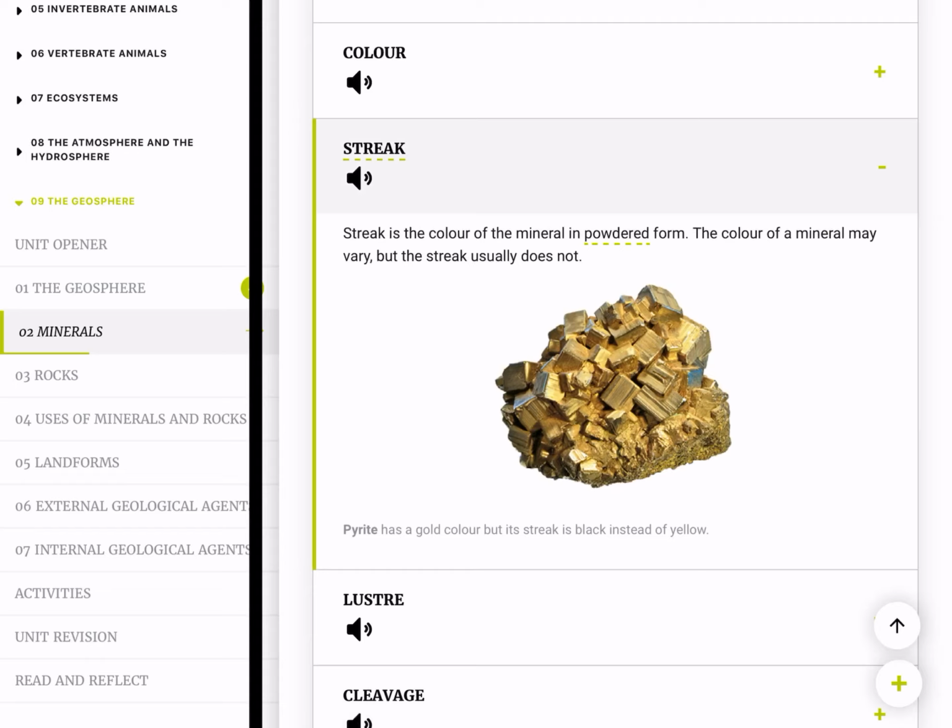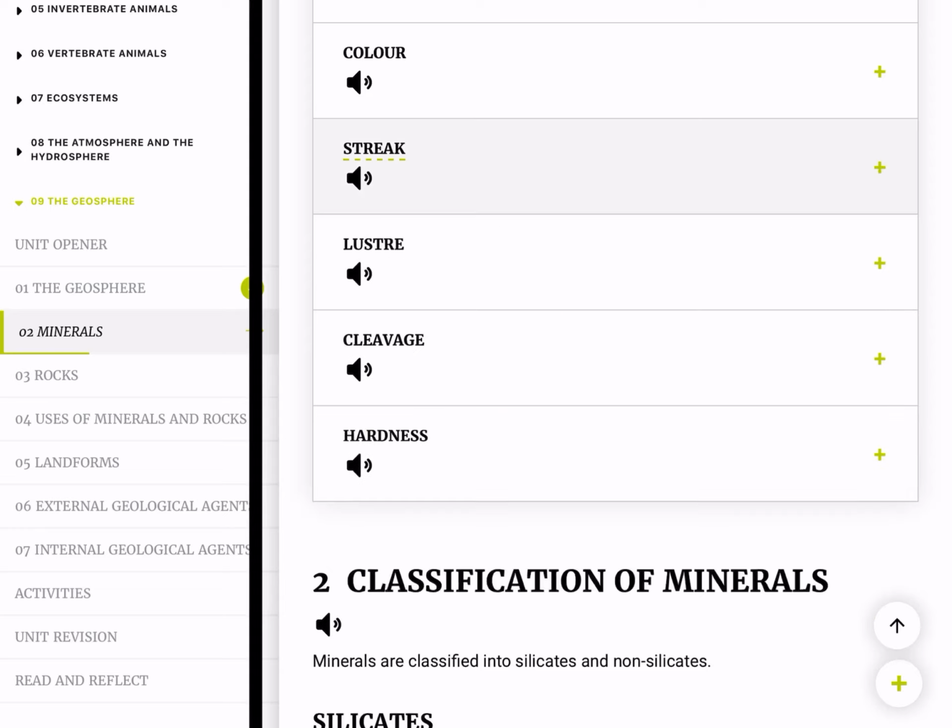For example, it's interesting because pyrite has a gold color, looks like gold. However, its streak is black, it's not yellow, it's black. Gypsum's streak is always white. So all minerals always have the same streak, although they have some differences in color.